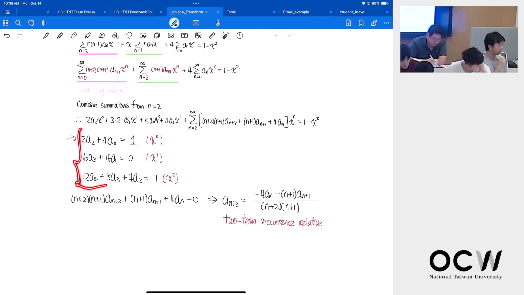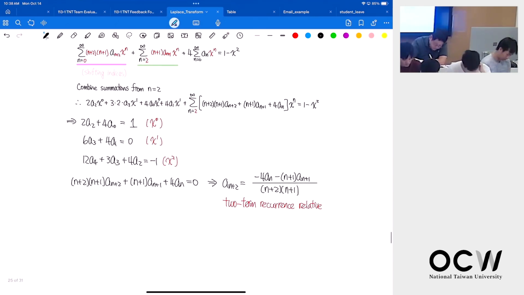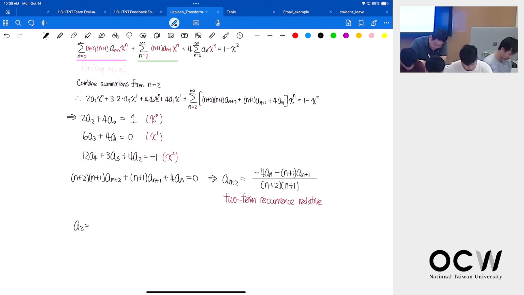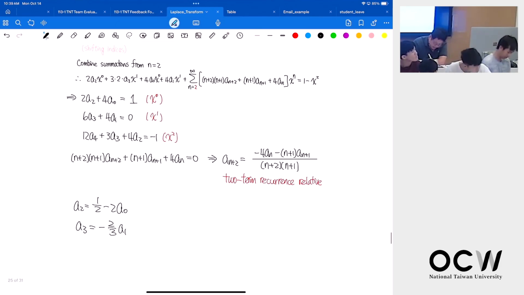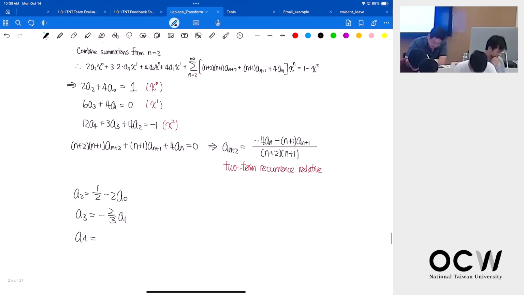And from these simultaneous equations, we can get a2 will be 1/2 minus 2a0. And a3 will be minus 2/3 a1. And if you want to find a4, a4 will be minus 1 minus 4a2 minus 3a3.